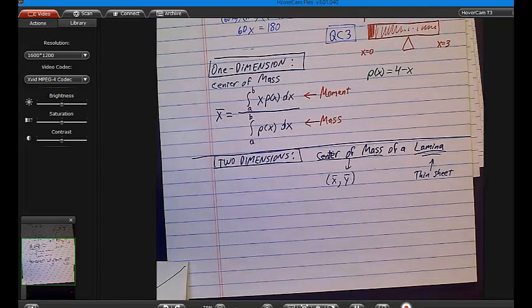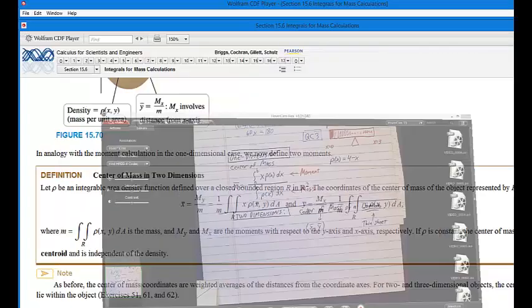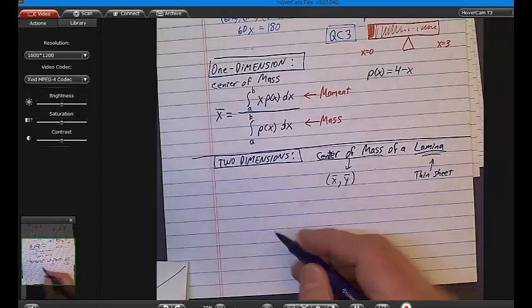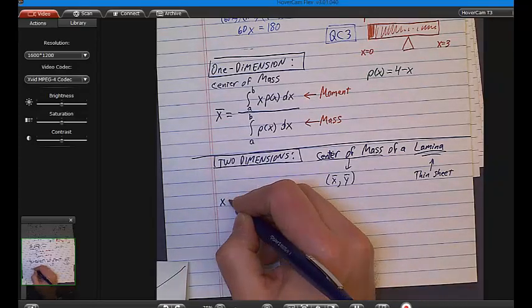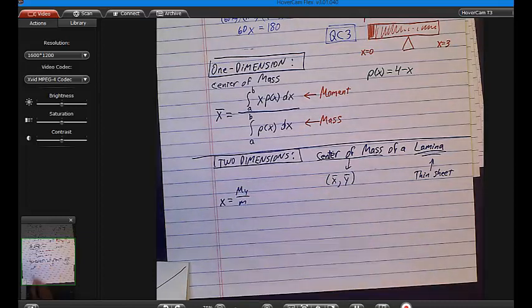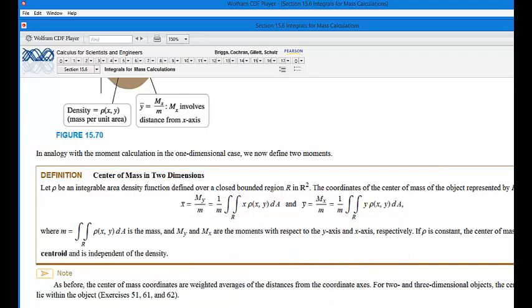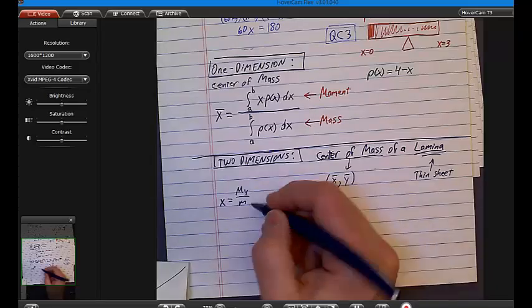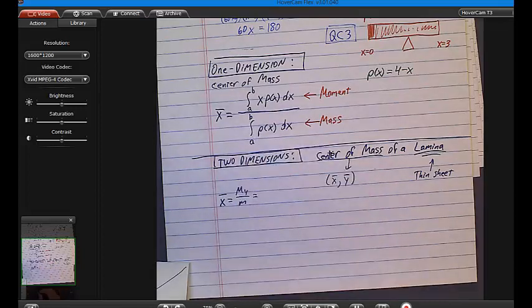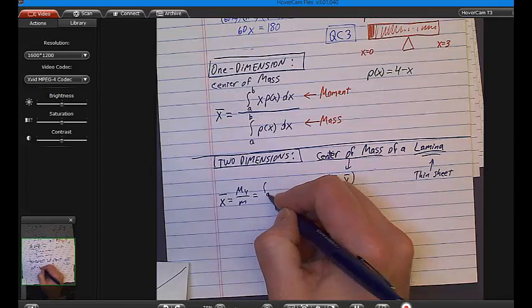So when you do x bar, you'll notice that we're doing the moment with respect to the y-axis. So x bar is My over M. This is the same x bar, the same formula we had before, which shouldn't surprise you.